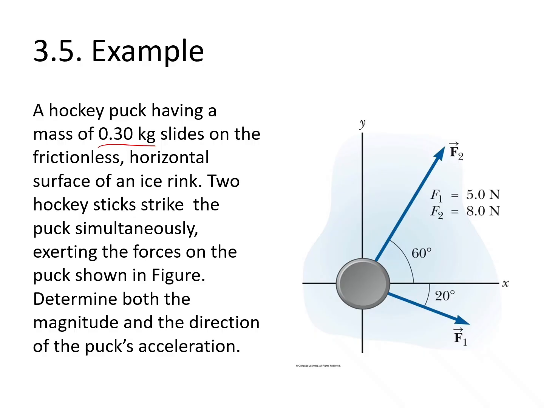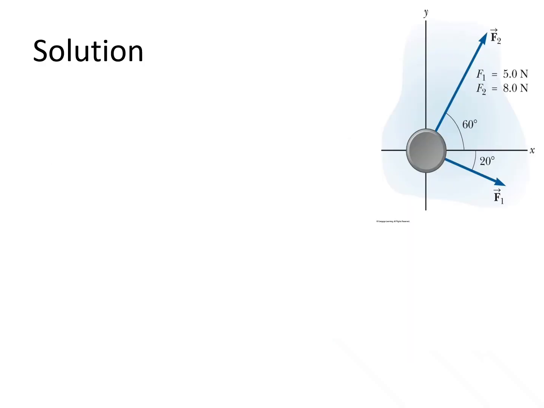The next slide shows the component calculation. Let's first talk about how to calculate the components of these forces. For F1, the x component, F sub x, equals F1 cosine of the angle, and you have to put the angle from the positive x-axis.